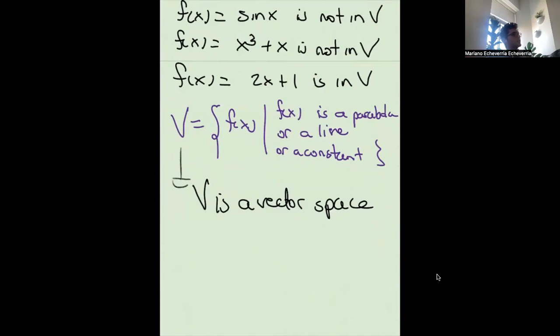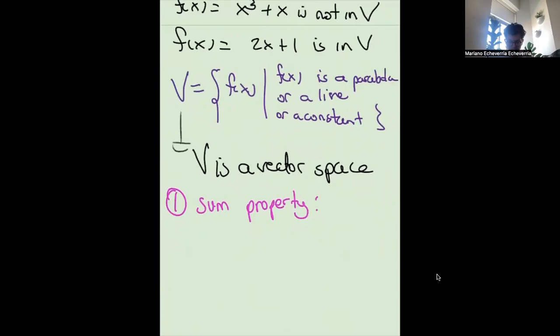Okay. So what does that mean? It means it has to have the sum property. So what does it mean to have the sum property? That you have two polynomials of degree at most 2 and the sum must be a polynomial of degree at most 2. So what is f of x and g of x?